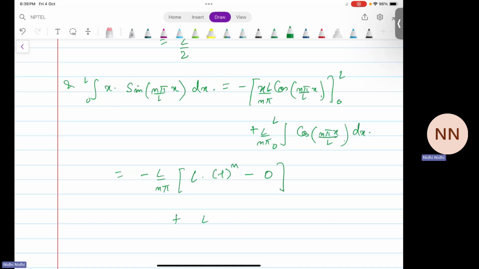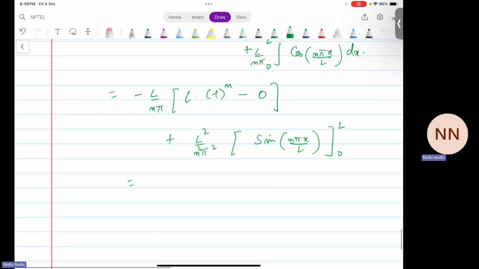Plus l by n pi times the integration of cos x, which is sin x: sin n pi x by l over n square pi square by l square, from 0 to l. Now since sin n pi is 0 and sin 0 is 0, we are left with minus 1 to the power n plus 1 l by n pi.